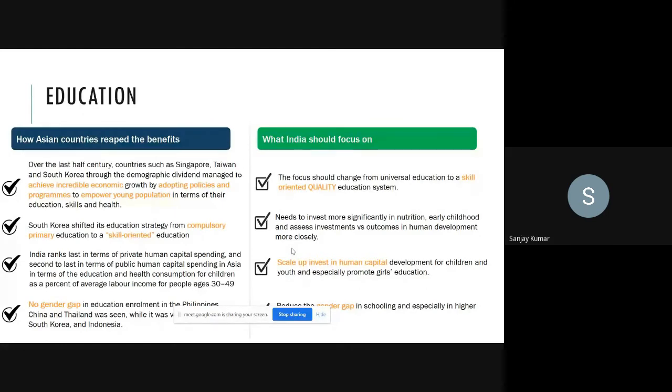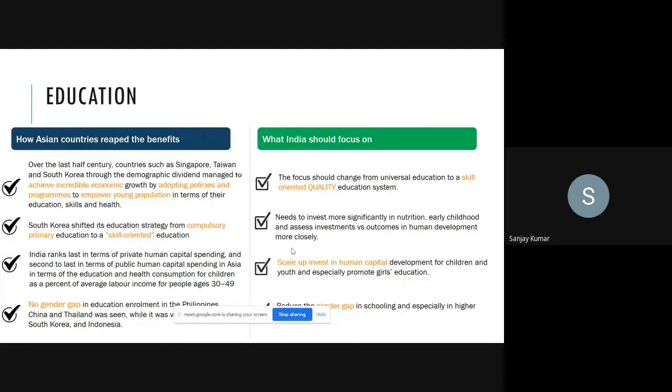Similarly, we saw no gender gaps in many countries. So based on all those experiences, what we in our country need to focus on is very obvious: a skill-oriented, quality education system. It is not just primary or secondary education that will help us reap the benefit, but a good quality, skill-oriented workforce of young persons.